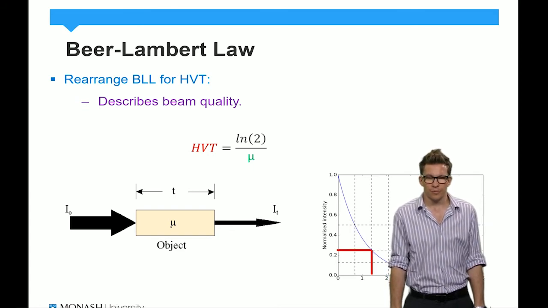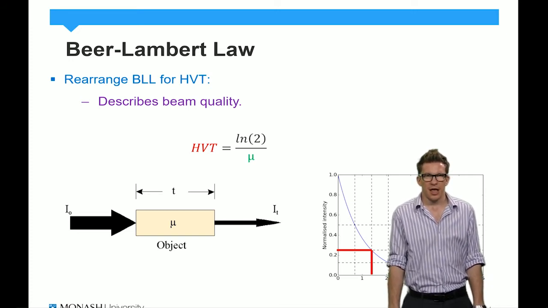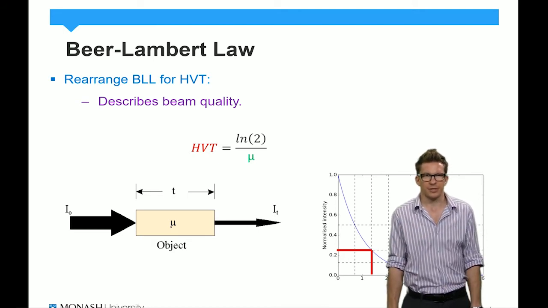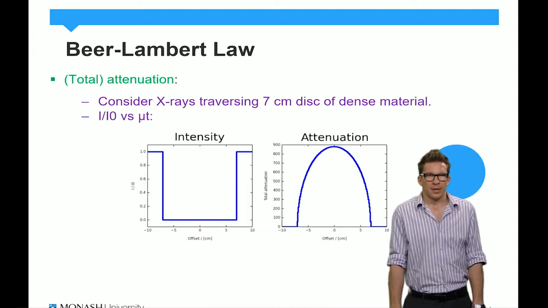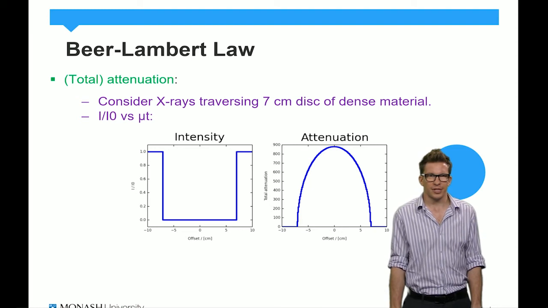So now I have 1.4 millimeters of material, and my incident intensity has dropped to a quarter by the time it comes out the other side of the object. So that is I, my transmitted intensity, is a quarter of the incident intensity. Now, intensity and attenuation are inversely related. So when intensity goes down, attenuation goes up, and vice versa.